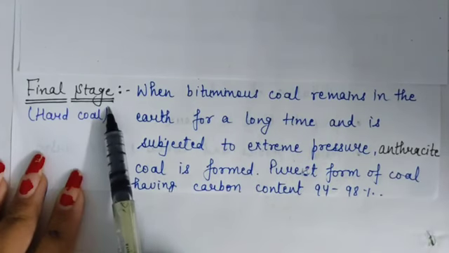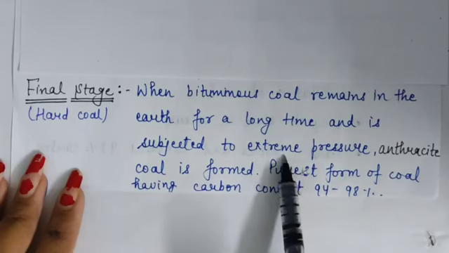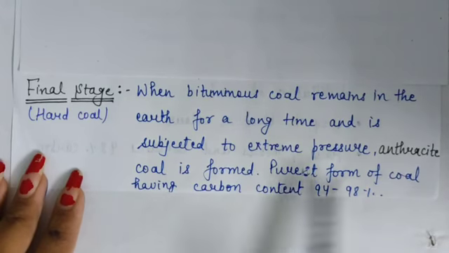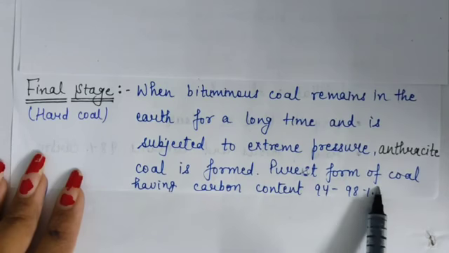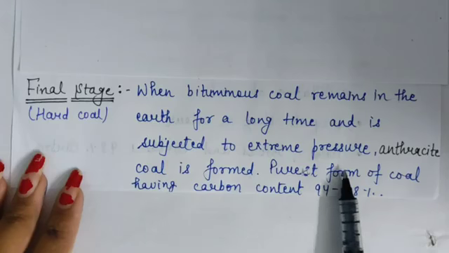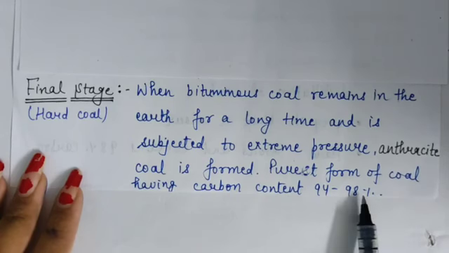This anthracite coal is the purest form of coal, and it is hard and has semi-metallic luster. Luster means shining ability. It contains 94 to 98% carbon, and its moisture content is very low.